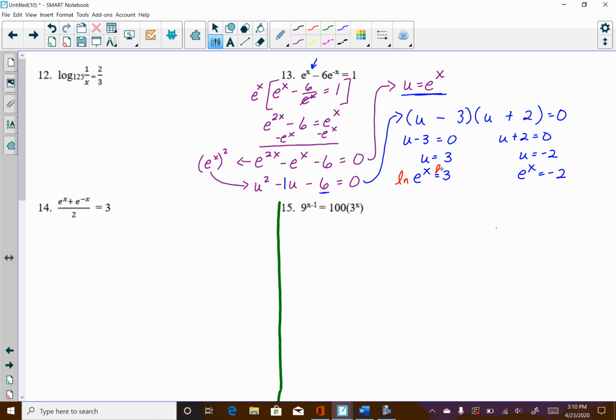The natural log of e to the x, they just cancel out and leave you with x. So x is the natural log of 3. Take the natural log over here: x equals the natural log of negative 2. Like we talked about in our previous video, you cannot take the natural log or the common log of a negative value, so that answer is automatically out, and you only have one solution, x equals the natural log of 3.